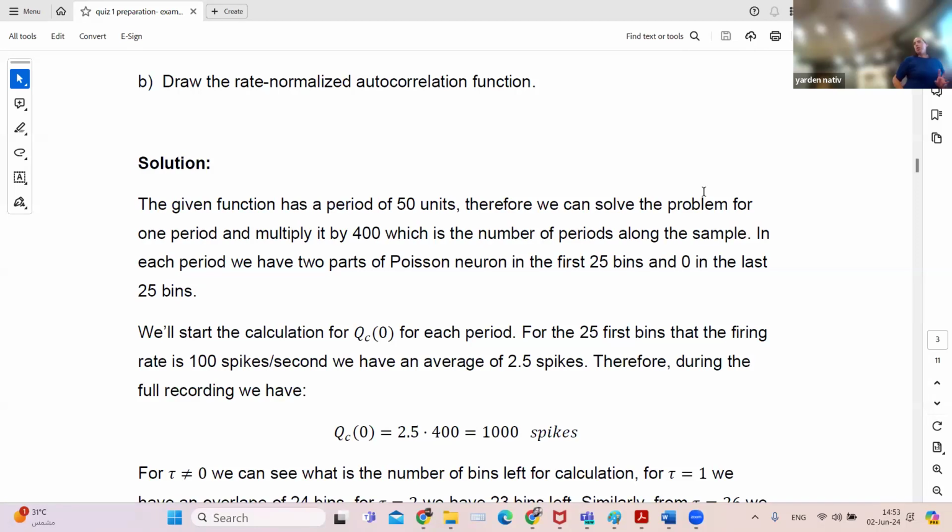Another way to solve it is to say, if it was a full Poisson neuron firing 100 spikes per second, how many spikes would I have in 20 seconds? I have 20 seconds multiplied by 100, so it's 2,000. But only half of the recording is 100 spikes per second, so I have half of 2,000, which is 1,000.